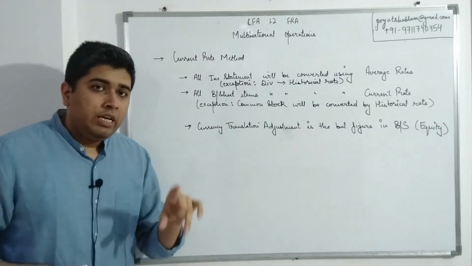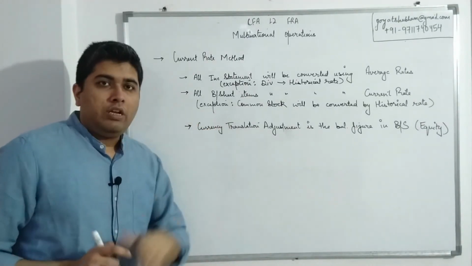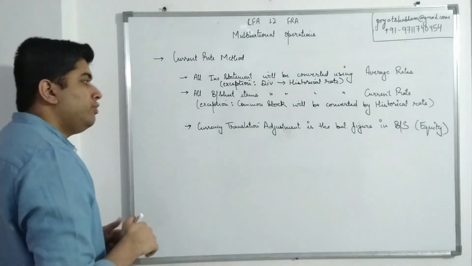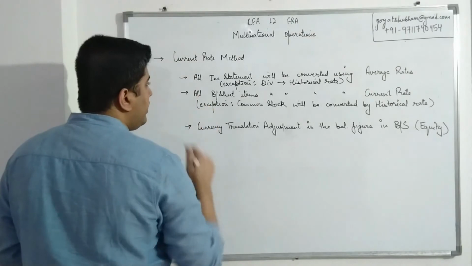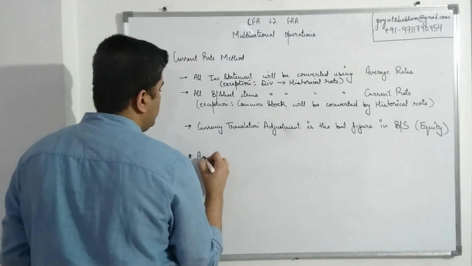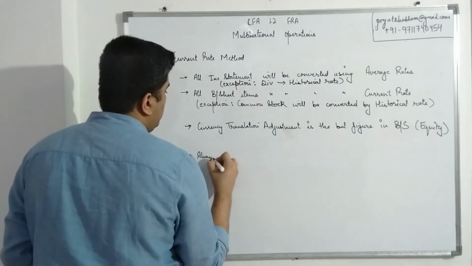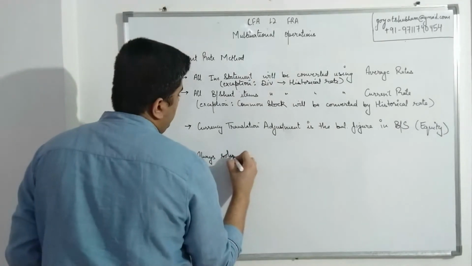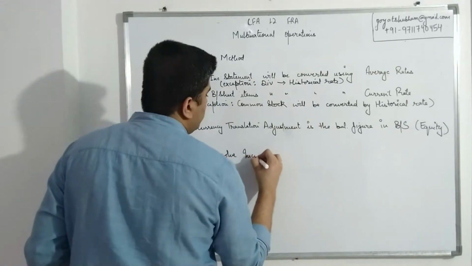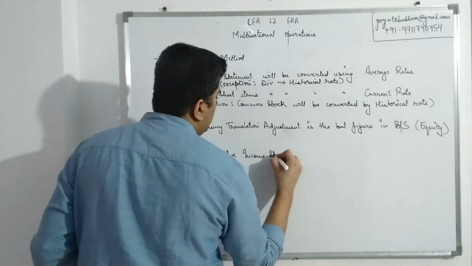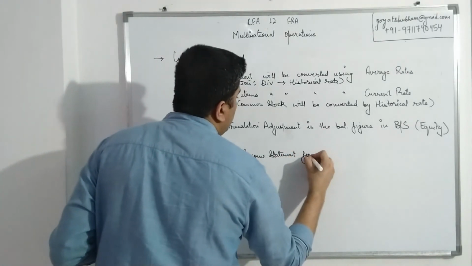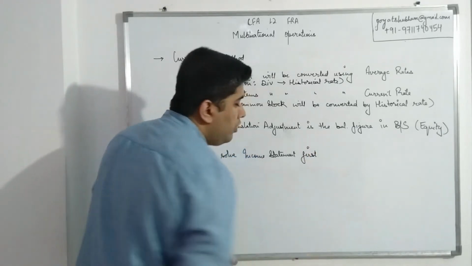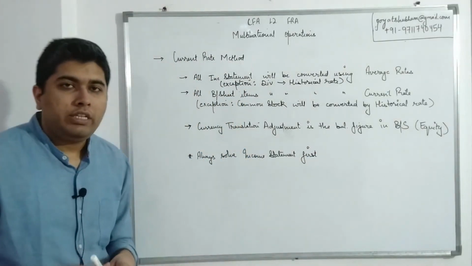Now keep in mind, these are the rules. However, for your exam and for your solution, one note: in the current rate method, always solve the income statement first. You'll solve the income statement and get the net income.